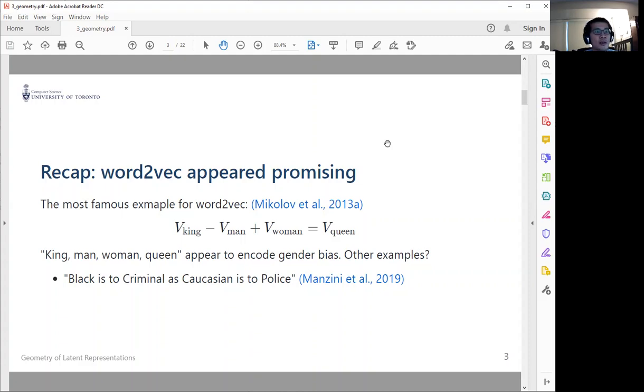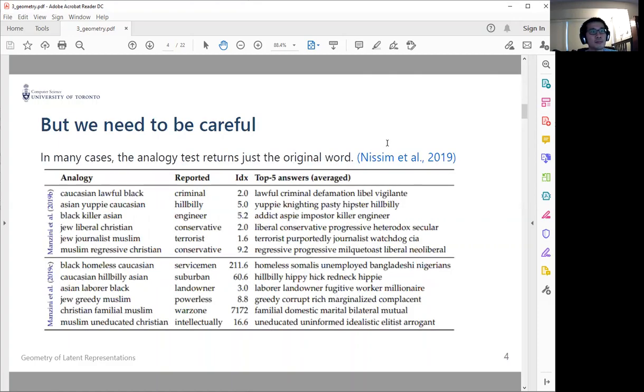For example, this paper by Manzini is titled "Black is to criminal as Caucasian is to police." They explored a lot of gender bias in the static word embeddings using this linear analogy setting.